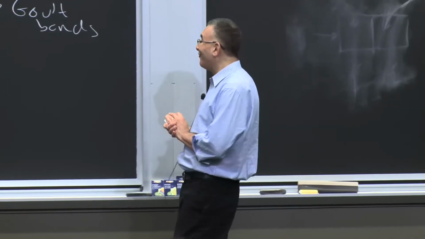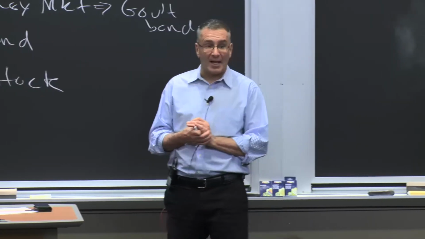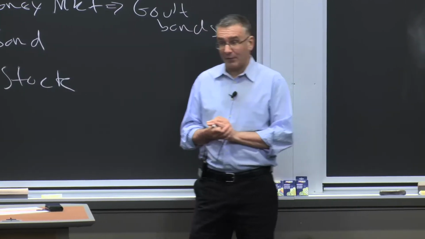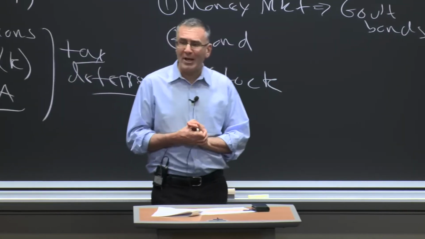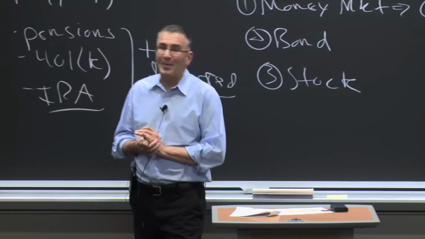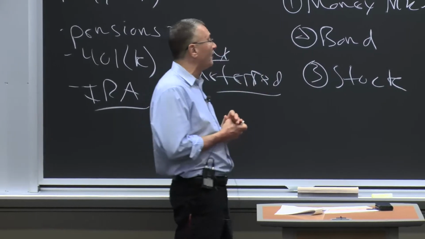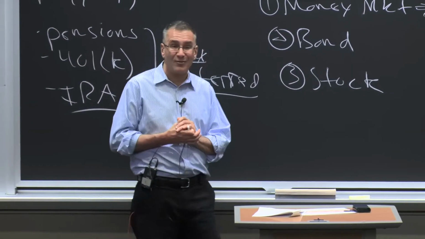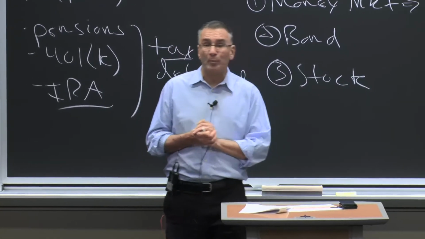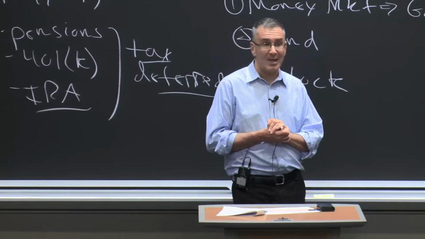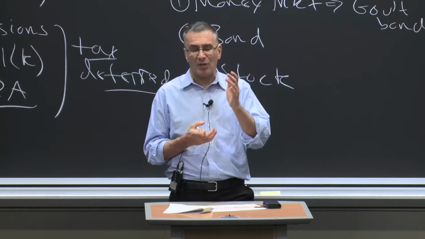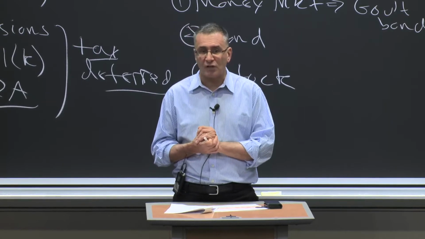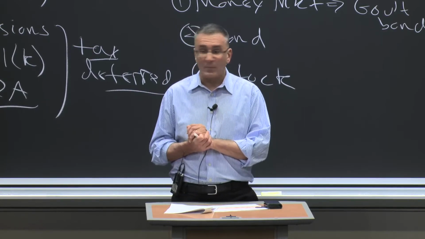As long as the U.S. doesn't default on its debt, you get paid back. It's the safest place you can put your money. But they pay a very low interest rate. A typical government bond fund right now would be paying maybe 2 to 3%, very low single digits, but totally safe.